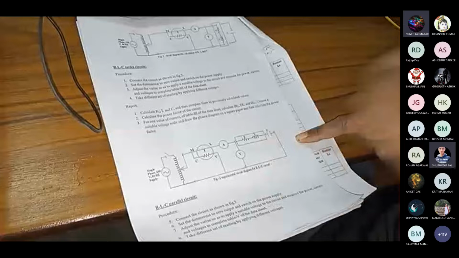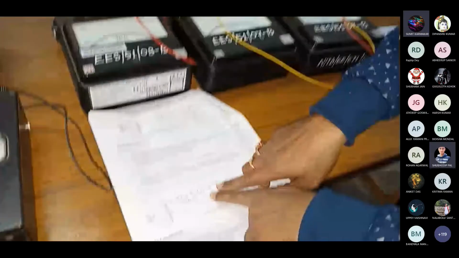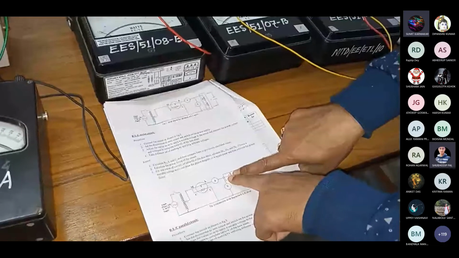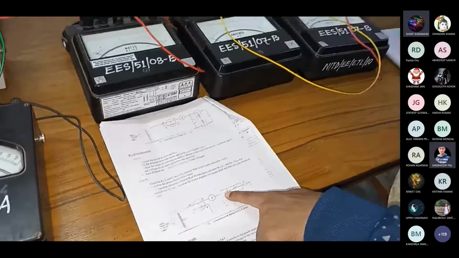So this point, we will take from here and connect it to R, the one we had connected to the capacitor. Previously we connected it from the 300 volt terminal.